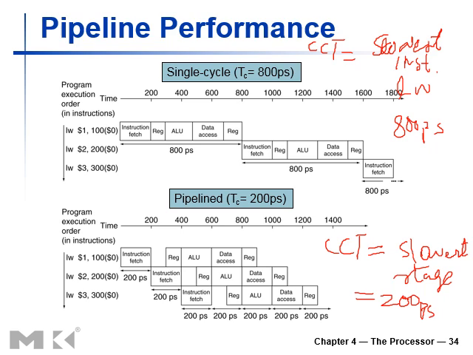If we've got three load instructions simultaneously, the maximum time to execute three load instructions is 800 picoseconds multiplied by 3. So this program with three load instructions will require 2400 picoseconds to execute.